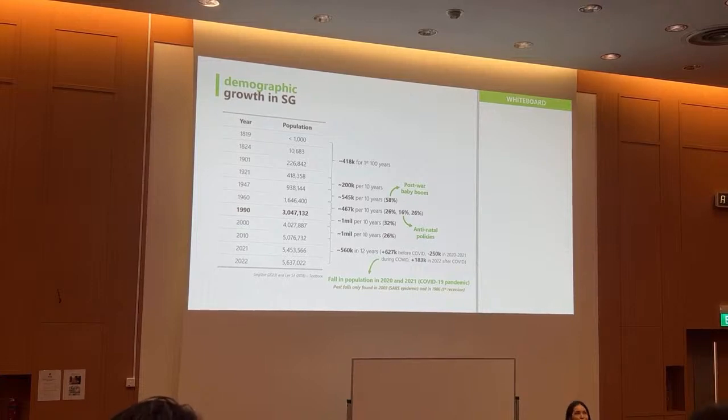Since independence, there were only 2 past incidents whereby there was some fall in population, which would be SARS and the first recession of Singapore. Other than that, from independence onwards, we are always having increase in population, and from 1990 onwards, we are having a surge in population, which you will see later on.